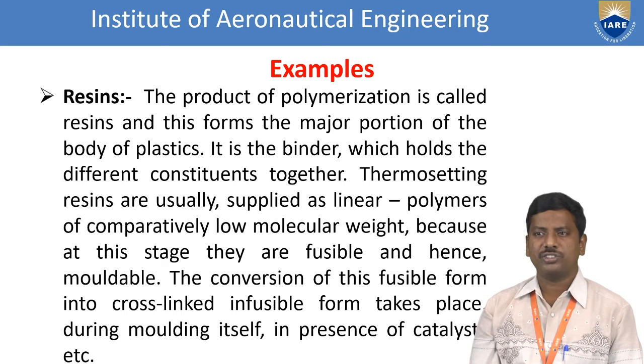The conversion of this fusible form into a cross-linked infusible form takes place during the molding itself, in the presence of a catalyst, etc. So that is resins. Either a linear chain or branched chain is converted into a cross-linked infusible form, which cannot be molded or fused by applying temperature and pressure.